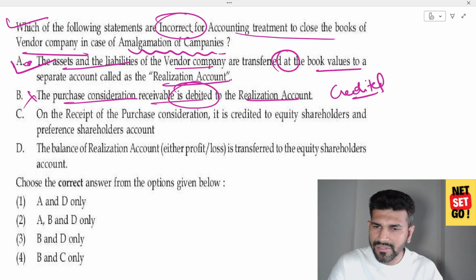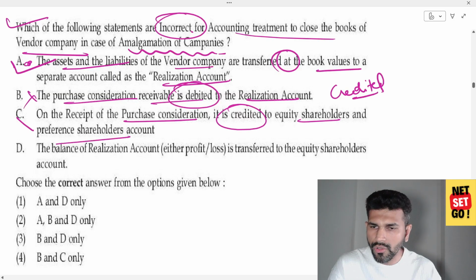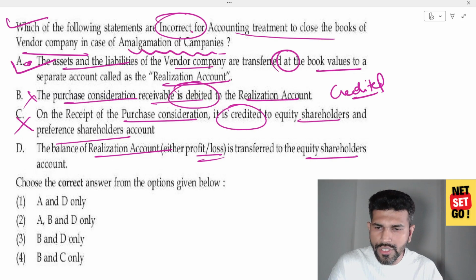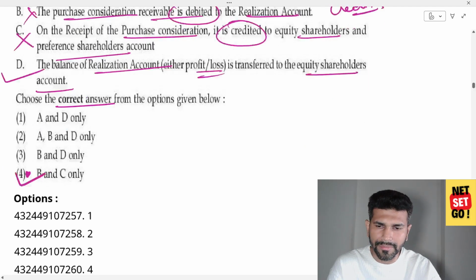So statement B is incorrect. On the receipt of purchase consideration, it is credited to equity shareholder and preference shareholder? No, purchase consideration is not directly credited to shareholders. So B and C statements are wrong. The balance of realization account, either profit or loss is transferred to equity shareholder account. Correct. So B and C are incorrect. They've asked us to identify incorrect statements. So correct answer will be B and C. Option 4 is correct answer.